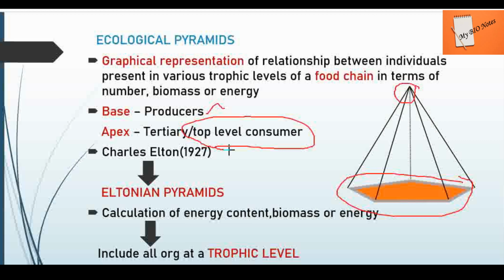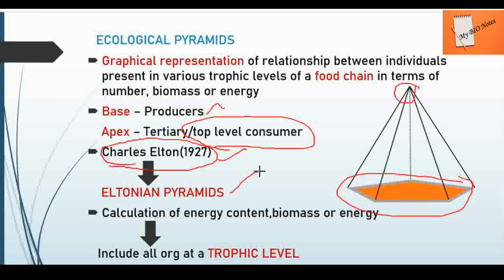This system of ecological pyramid was developed by Charles Elton in 1927. So it is called Eltonian pyramids.